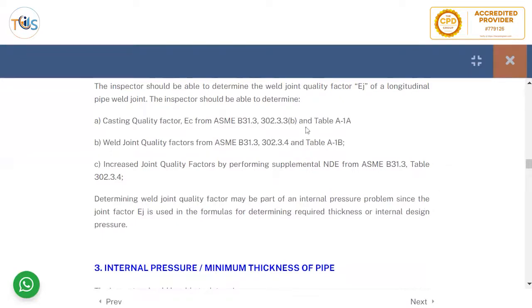So you have to use these tables. They come in both US units and metric or ISO units, so be careful when the question comes and go to the proper table, the one relevant to whether it is US units or metric units.